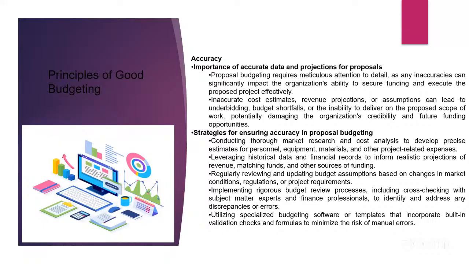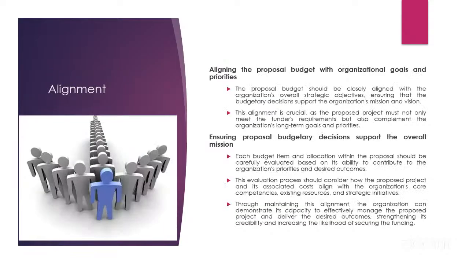After accuracy, another principle is alignment. The budget should align with the organizational goals and the priorities of the donor. Basically, when we say the budget should align with the organizational goals and priorities, we are saying the grant that you are applying for is not going to exist in a vacuum.